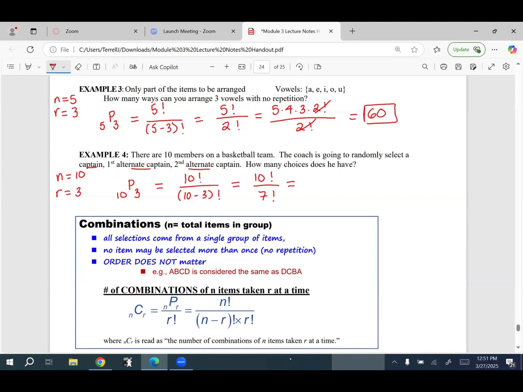And so let's break down 10 factorial. That's 10 times 9 times 8 times, I'm stopping at 7 factorial because the denominator has a 7 factorial. I can cancel those. And so really, I am just doing 10 times 9 times 8, which is 720.